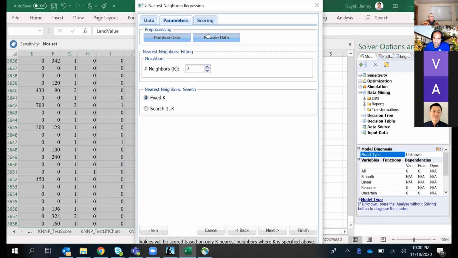How do we know that k equals 7 on this data set is the best? We don't, but that was the one used on the other one. And so when we're comparing the two predictions, we probably want to compare Ks being the same. We could try it. Let's see what happens if we search and see if it is different.